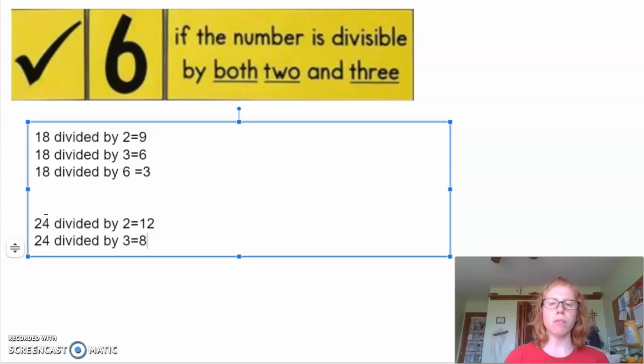So if 24 can be divided by 2 and 3, then I can divide 24 by 6. And actually 24 divided by 6 is 4. So that is the strategy. If you want to know if 6 will go into a number, see if 2 and 3 can go into that same number. And it will let you know.